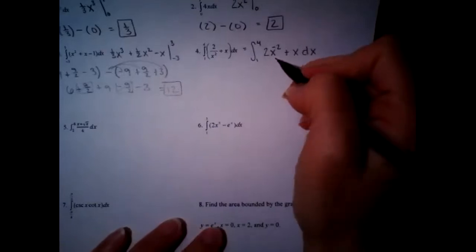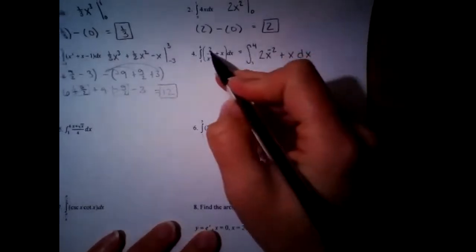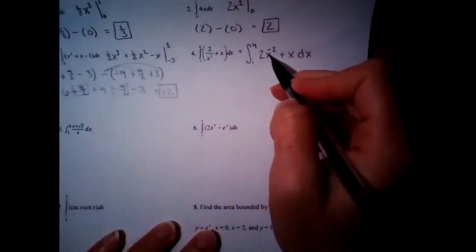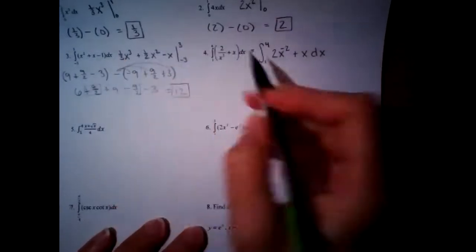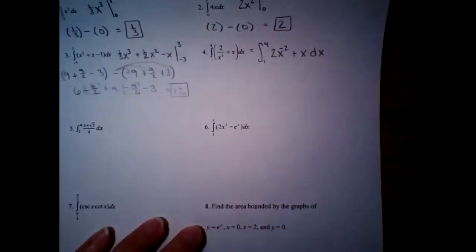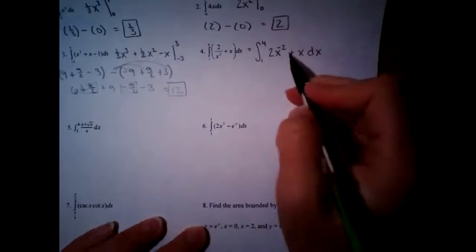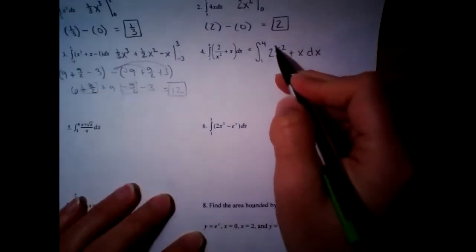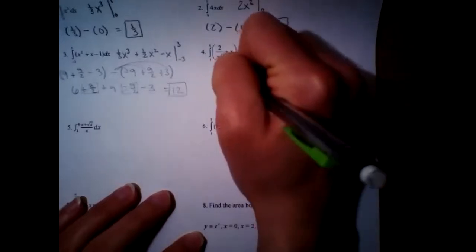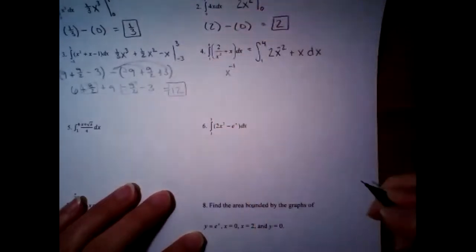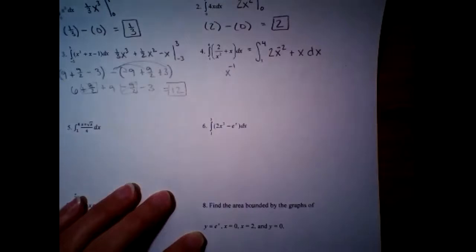So I'll show you how this is actually going to work out. I rewrote it as 2x to the -2, and we're going to go through the antiderivative the same way that we did this one. You add 1 to the power, and then you divide by that. So just be careful because it's negative. If we add 1 to this power, it's -2 right now. If I add 1 to that, it's going to be -1. It's like it becomes less negative.